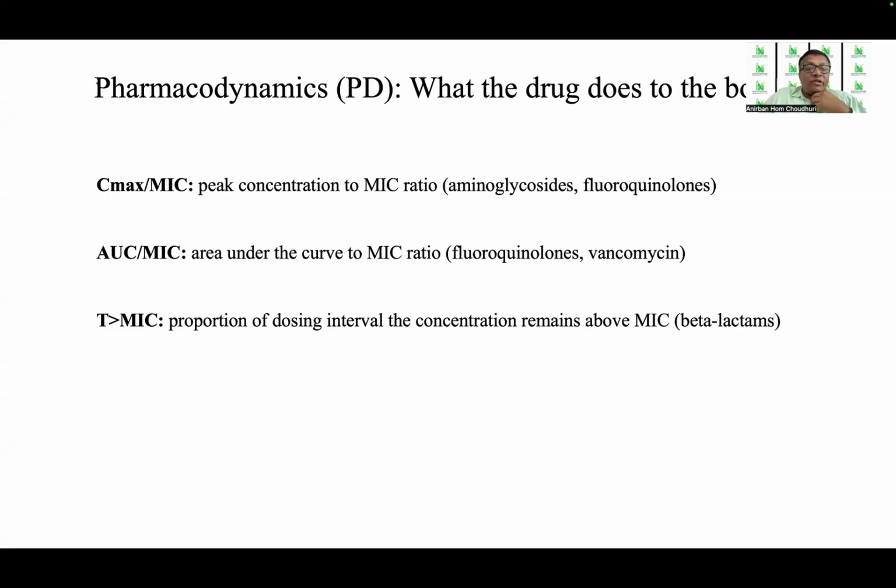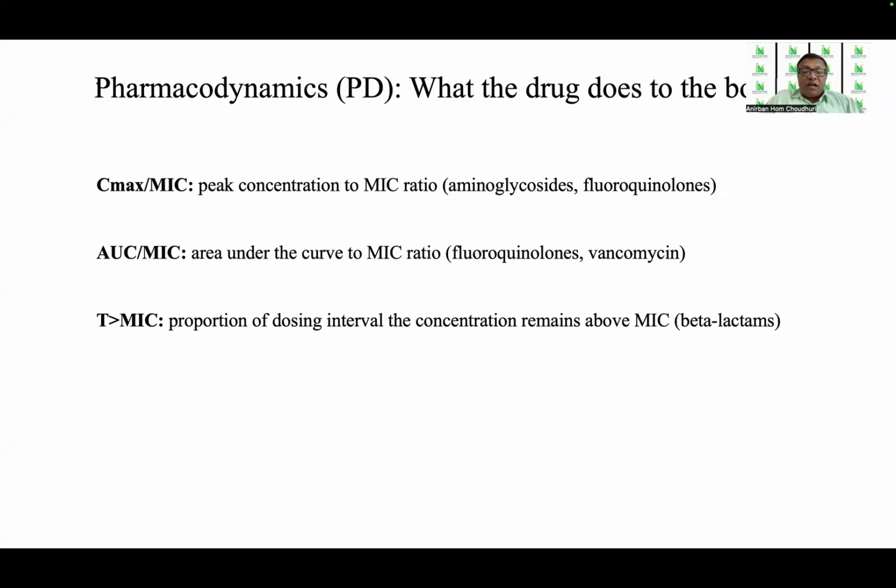Like the fluoroquinolones in higher doses, it shifts from Cmax by MIC to area under curve by MIC. And some of these drugs may also require a loading dose. The third category is the time-dependent drugs, whose action depends on the time for which they remain above the level of the MIC, or minimum inhibitory concentration.